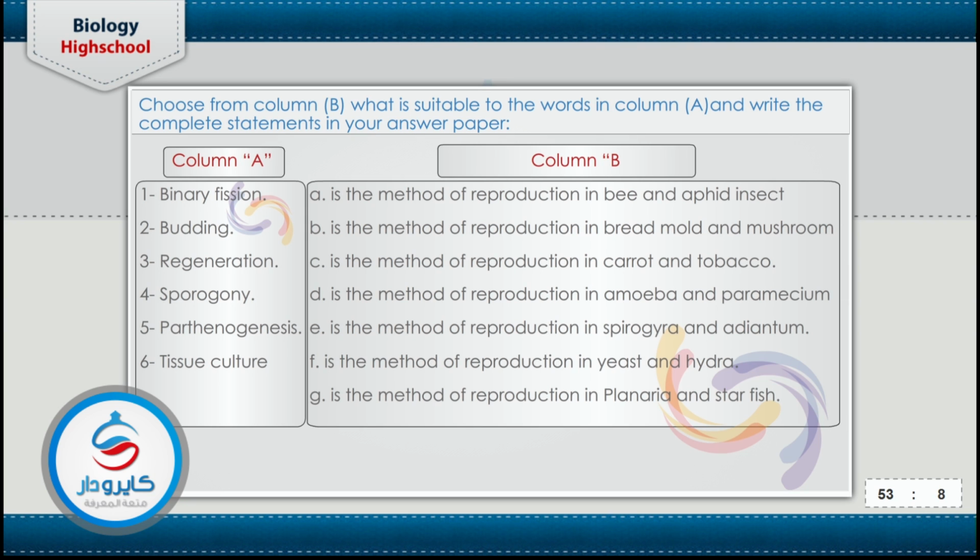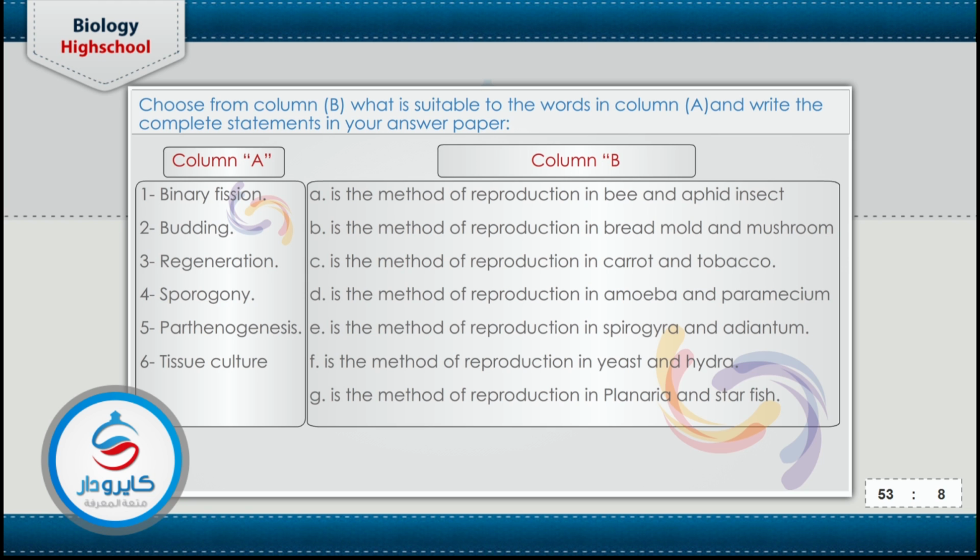Spirogyra reproduces by conjugation. In Adiantum, reproduction takes place by alternation of generations. Number F, the methods of reproduction in yeast and hydra, takes place by budding, number 2.